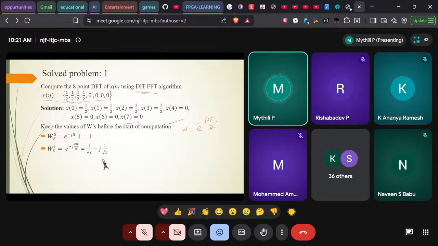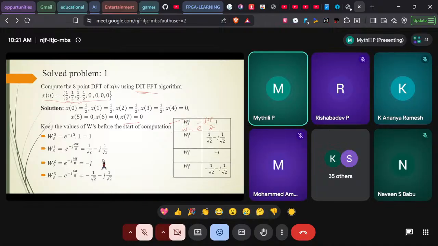Okay, W8 of 1 is 1 by root 2 into 1 minus j. W8 of 2 is minus j. 3 is minus 1 by root 2 minus j by root 2. So you can memorize these W values because it will be time consuming if you are going to calculate them in your exam hall. So remember these W values. Okay.